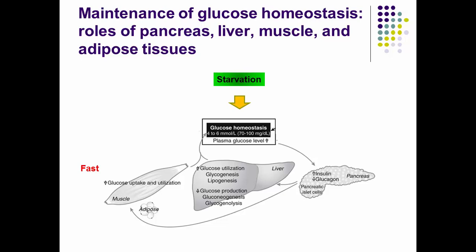On the other hand, because glucagon levels increase, that can stimulate the liver to break down glycogen, releasing glucose into the circulation, right? And also to make glucose through gluconeogenesis and release glucose into circulation. So again, you have less uptake by muscle and adipose tissue and more release from the liver, due to increased glycogen breakdown and increased gluconeogenesis. So all this contributes to raising the blood glucose during starvation, right?